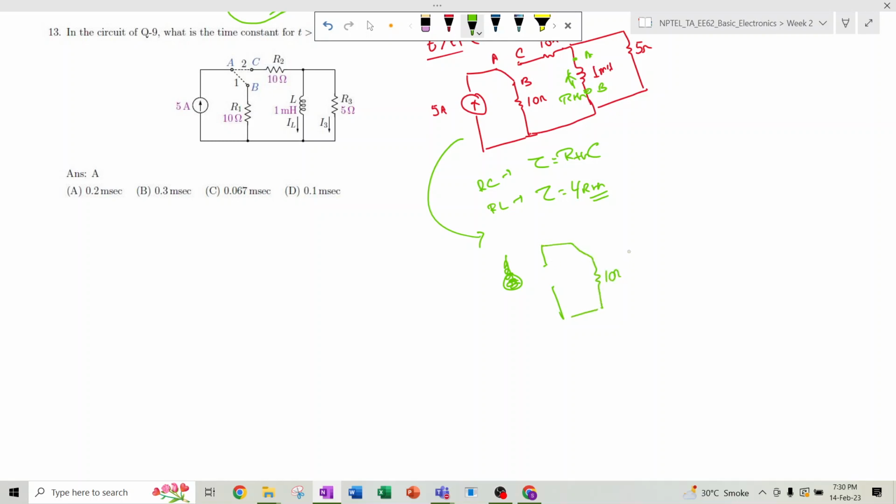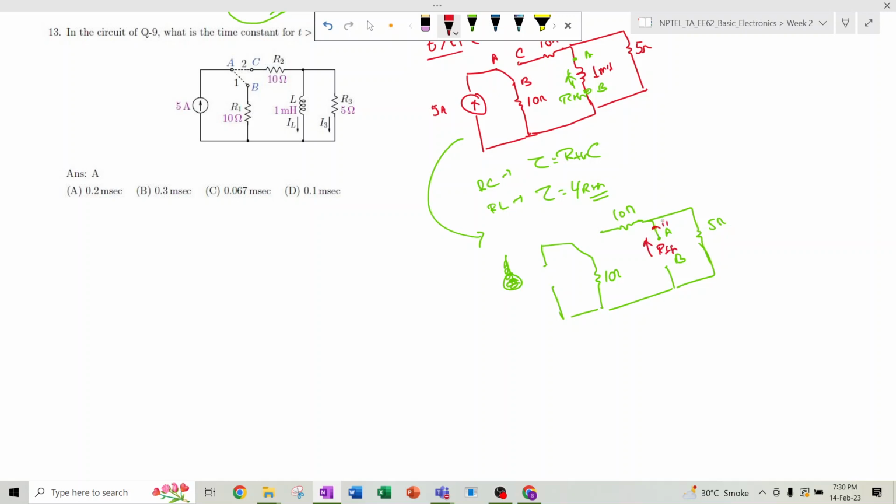So this is 10 ohm, this is 10 ohm. This is the point A, this is the point B, and this is the 5 ohm. So we are looking from this terminal.